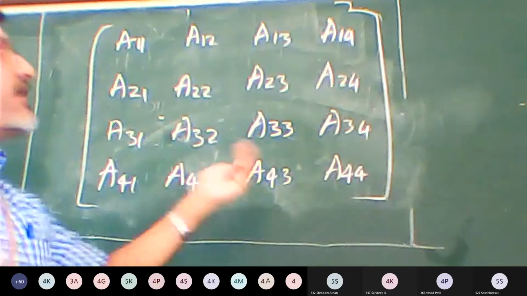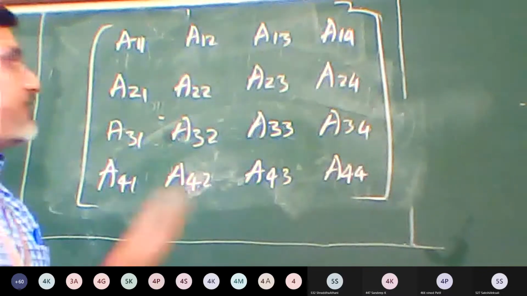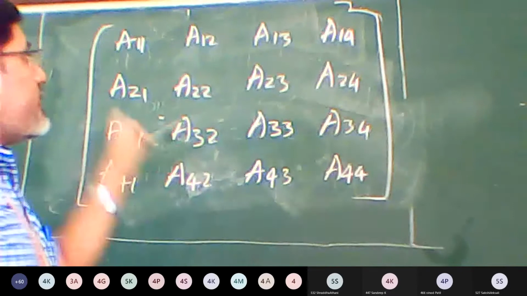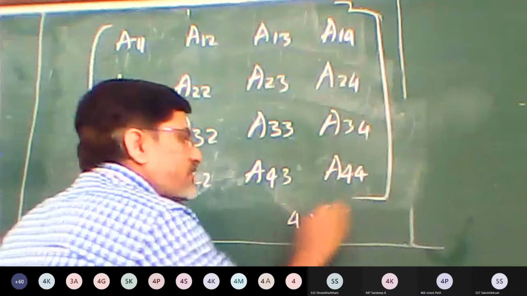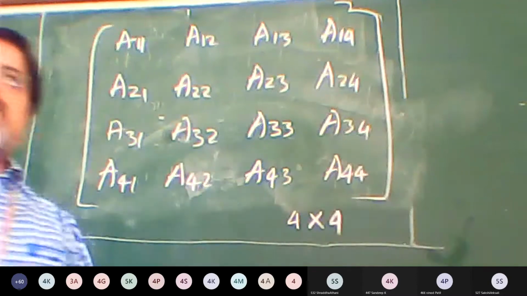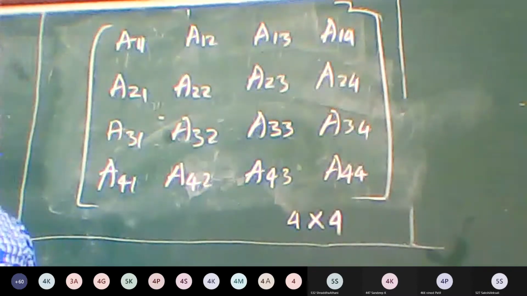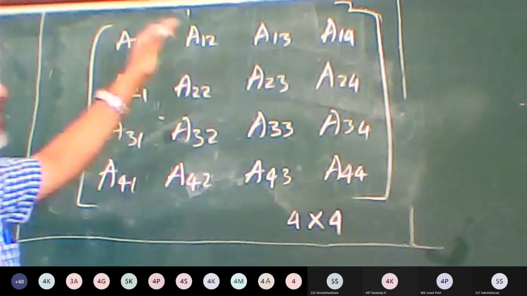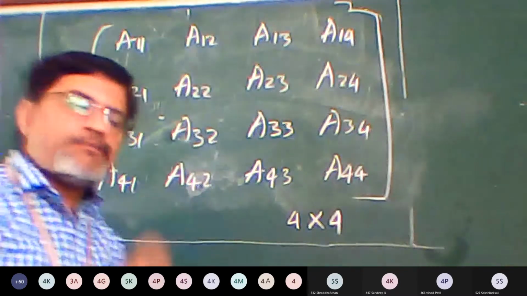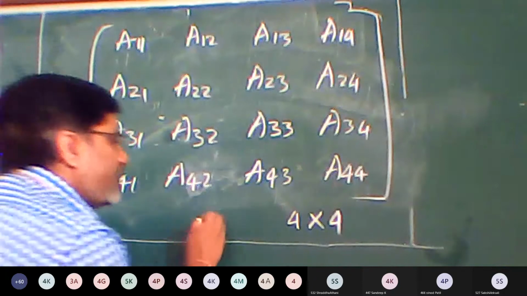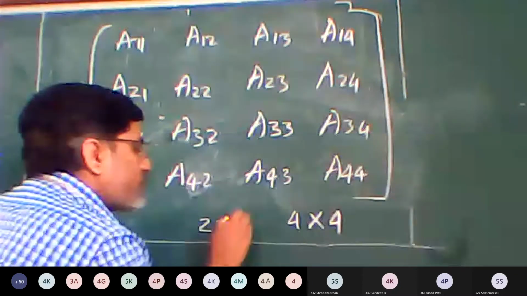How can we divide? The order of this matrix is 4 cross 4.